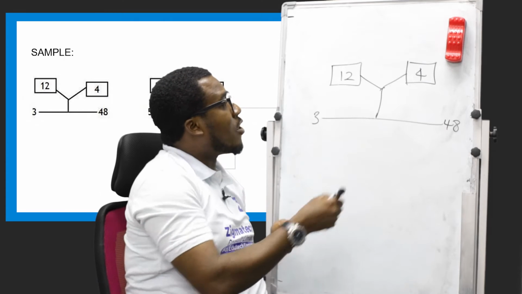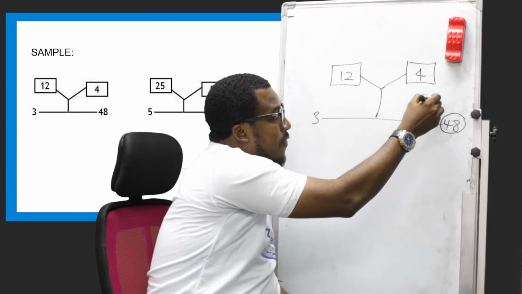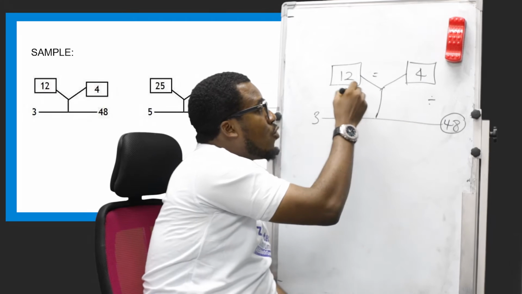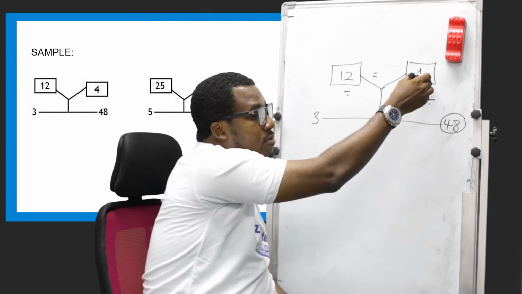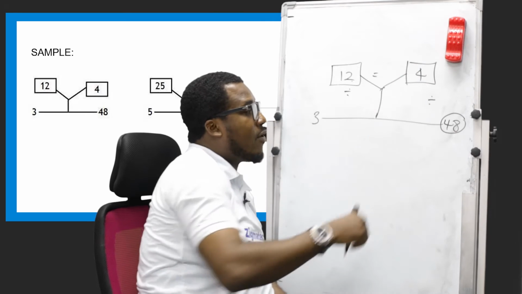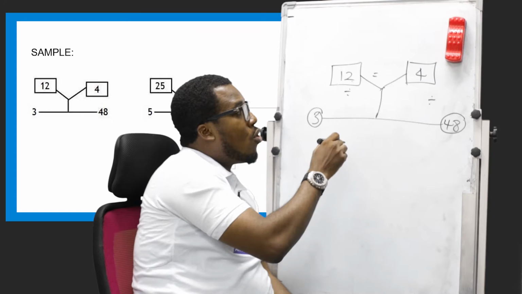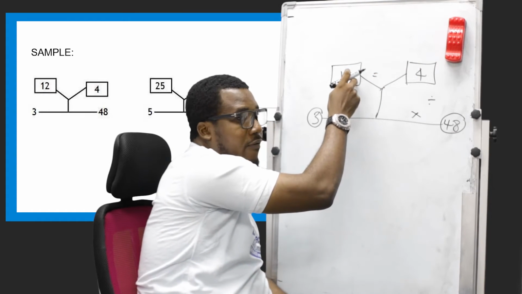Now let me just describe this further. 48 will divide 4 to give you this. 48 will divide 12 to give you 4. 48 will divide both of them. In the case of 3, it will multiply 4 to give you 12.